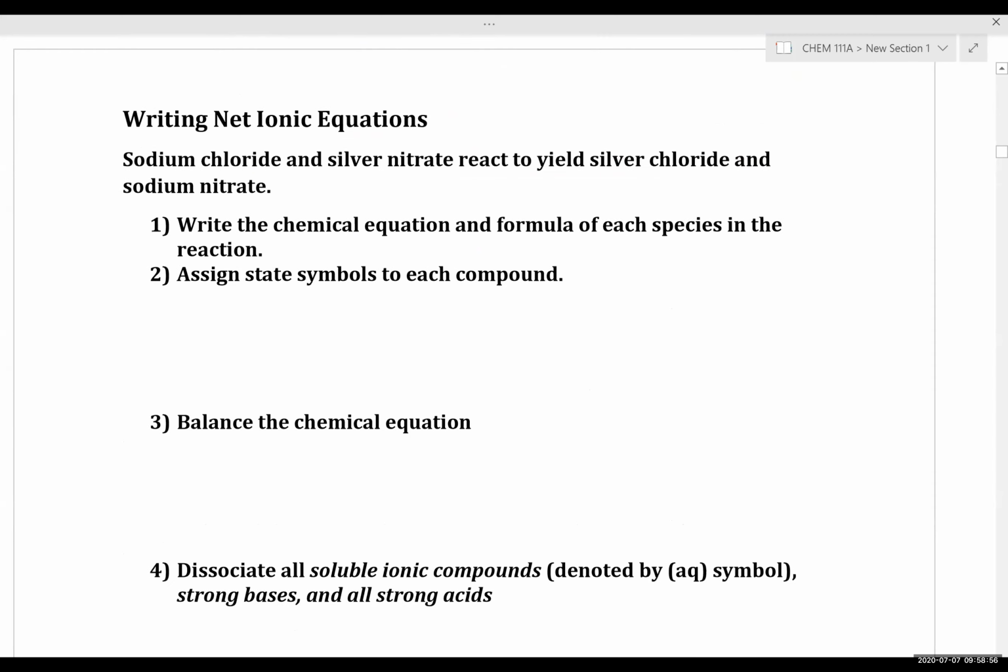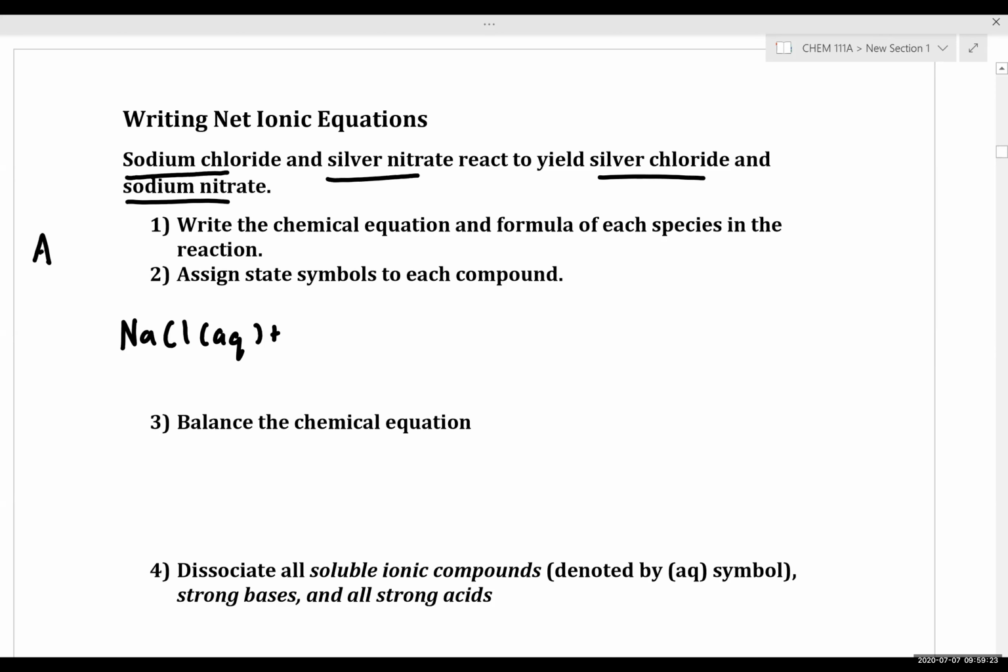So let's talk about the rules to write net ionic equations, and let's showcase these rules with an example. We're given sodium chloride and silver nitrate react to yield silver chloride and sodium nitrate. First things first, sodium chloride is NaCl, and we know that is soluble.